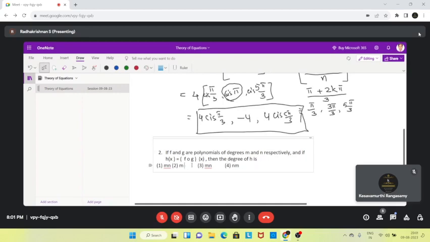The cut and paste is coming out awfully. So mn, m into n, this is m power n, this is n power m. Okay, so these are the four options.